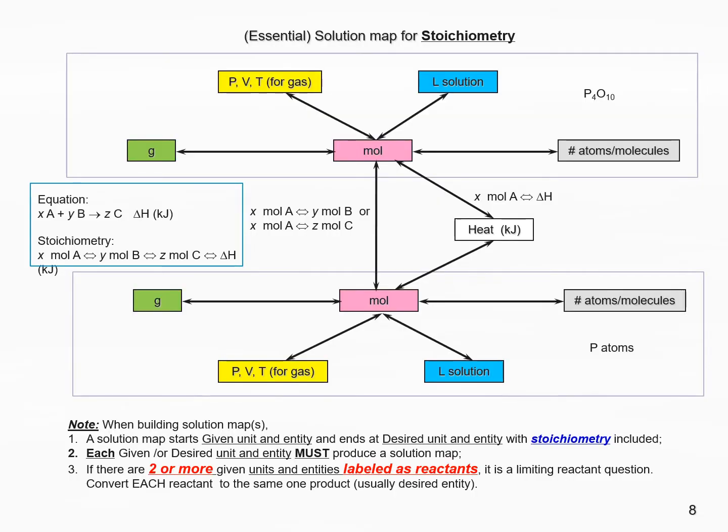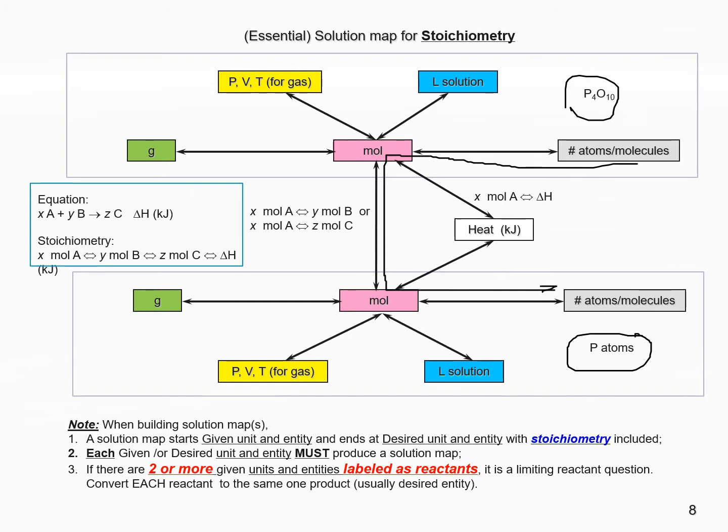All right, so now if you look at the solution map, I want you guys to realize we start off with P4O10 right here, and the question wants us to figure out just how many phosphorus atoms. We start with the number of molecules. Remember, go to the moles of P4O10, then to the moles of phosphorus, then to the number of phosphorus atoms.